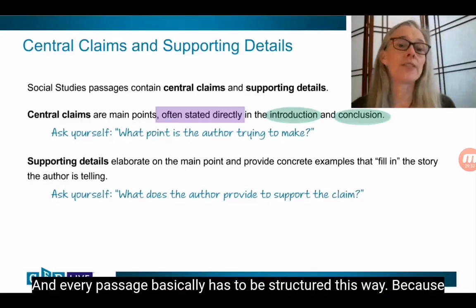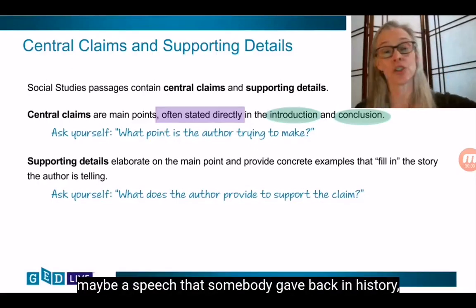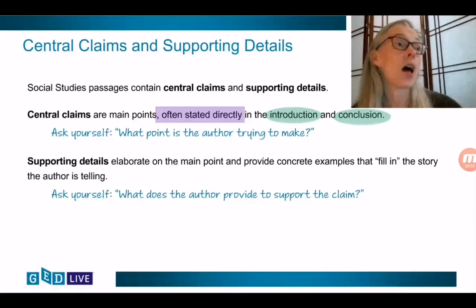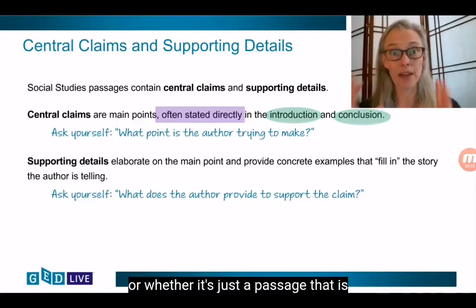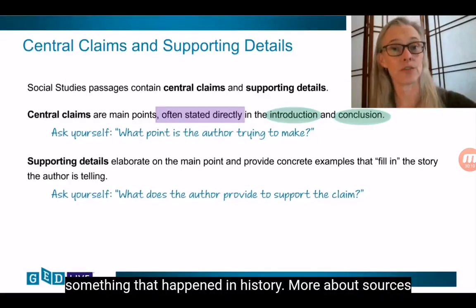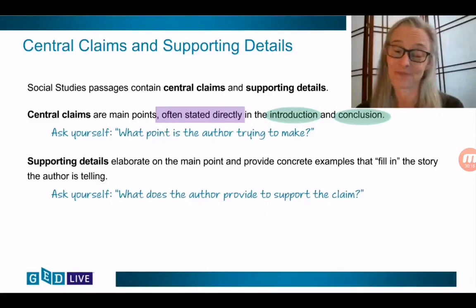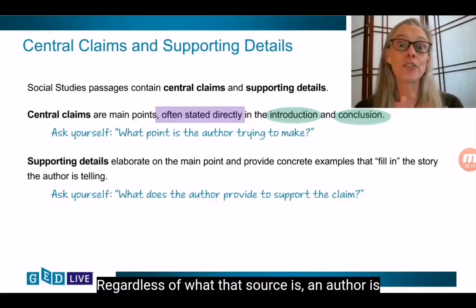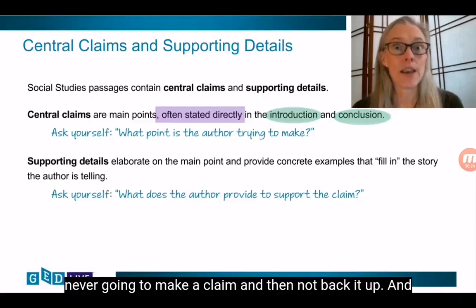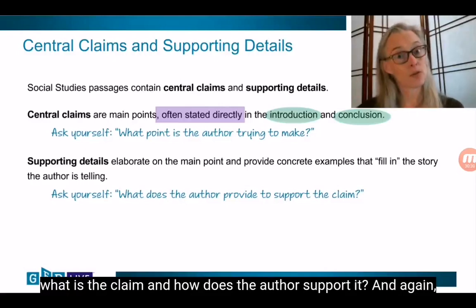And every passage basically has to be structured this way because no author on the GED test, whether it's from a primary source, which may be a speech that somebody gave back in history, or whether it's just a passage that is written about that, maybe a secondary source written about something that happened in history, and more about sources in the sources and points of view session. Regardless of what that source is, an author's never going to make a claim and then not back it up. Right? And so you're just looking for that relationship between what is the claim, how does the author support it?